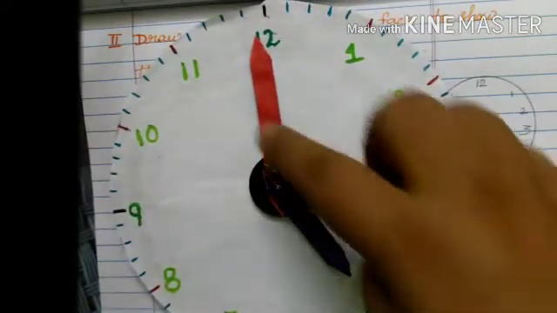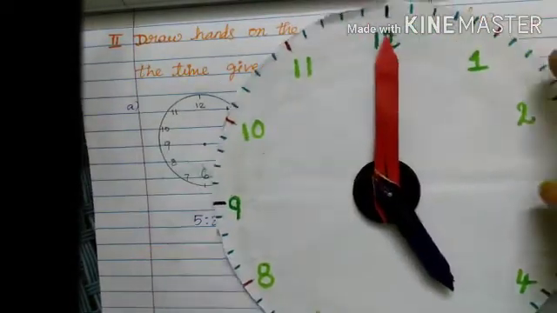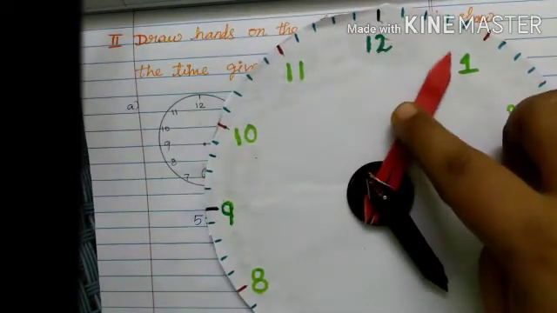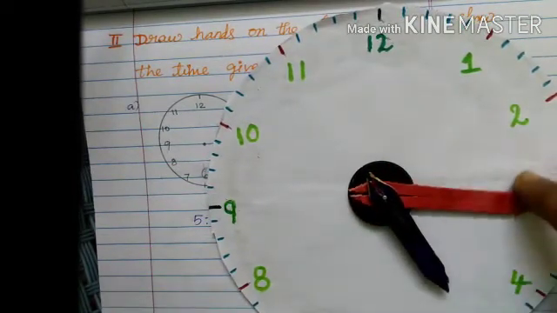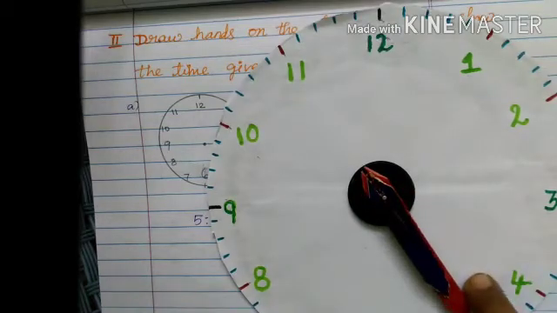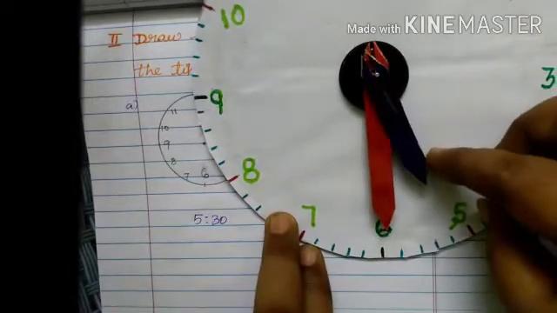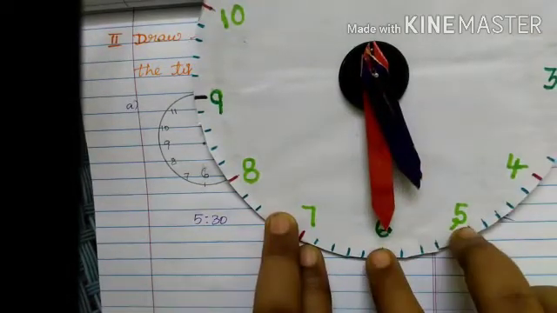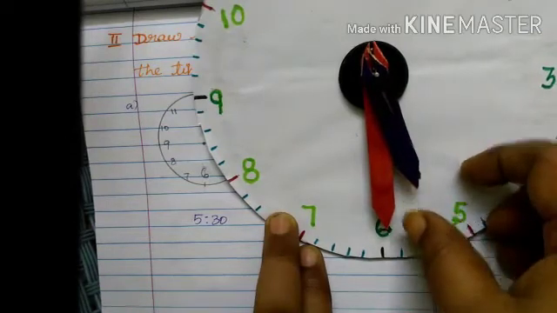Children, the clock now shows 5 o'clock, but the time given here is 5:30. So the minute hand moves 5, 10, 15, 20, 25, 30. Then the hour hand also moves a little, between 5 and 6.